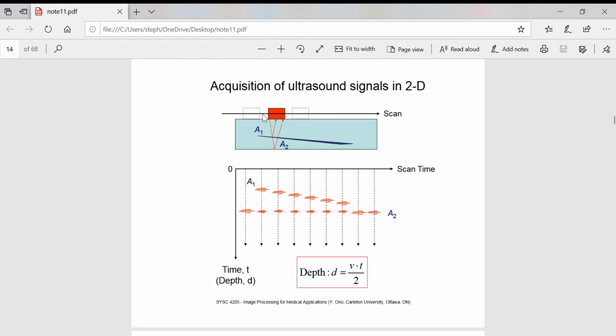If we continue that pattern and continue to move this transducer along this whole object, we can generally get an idea of where this object is. And you can see that in the resulting graph down here, where this is, of course, scan time, and this is our depth. Depth here is our velocity times time divided by 2.